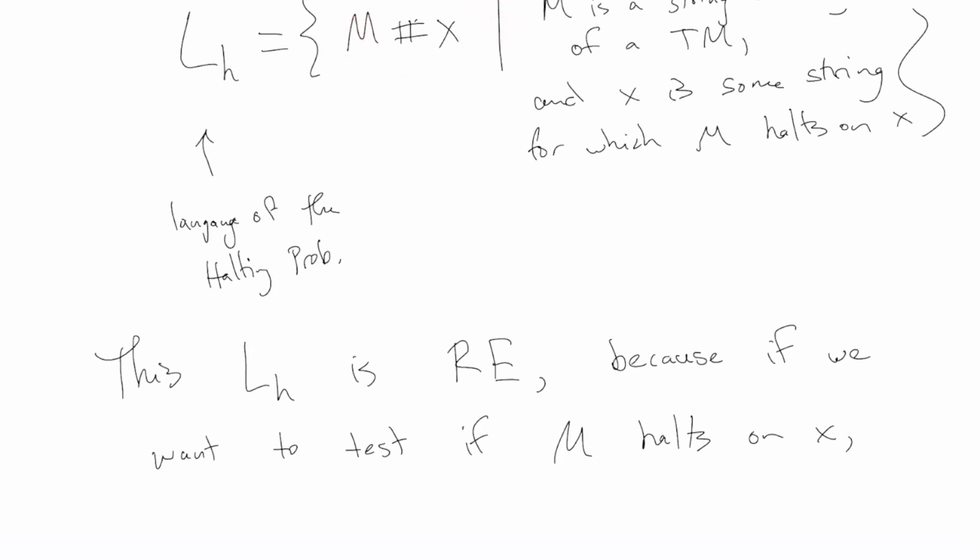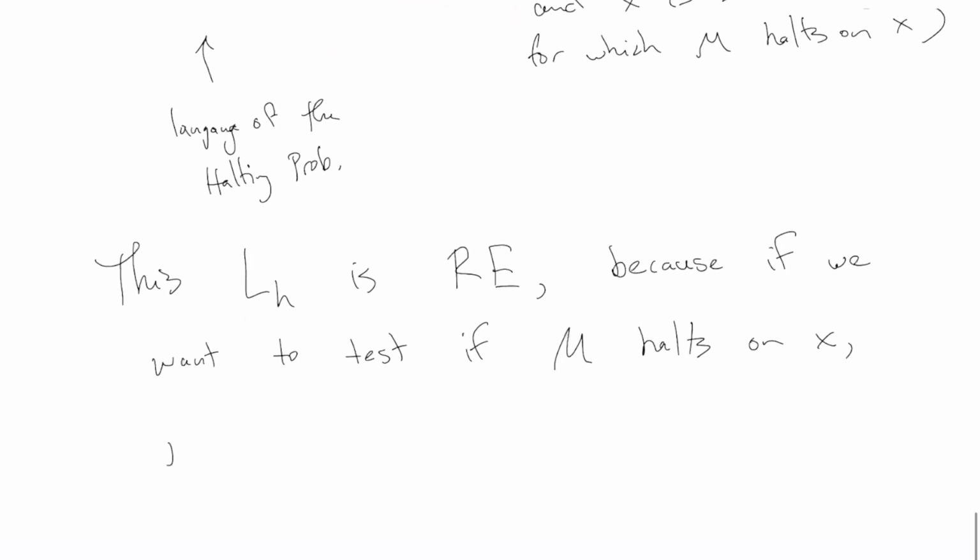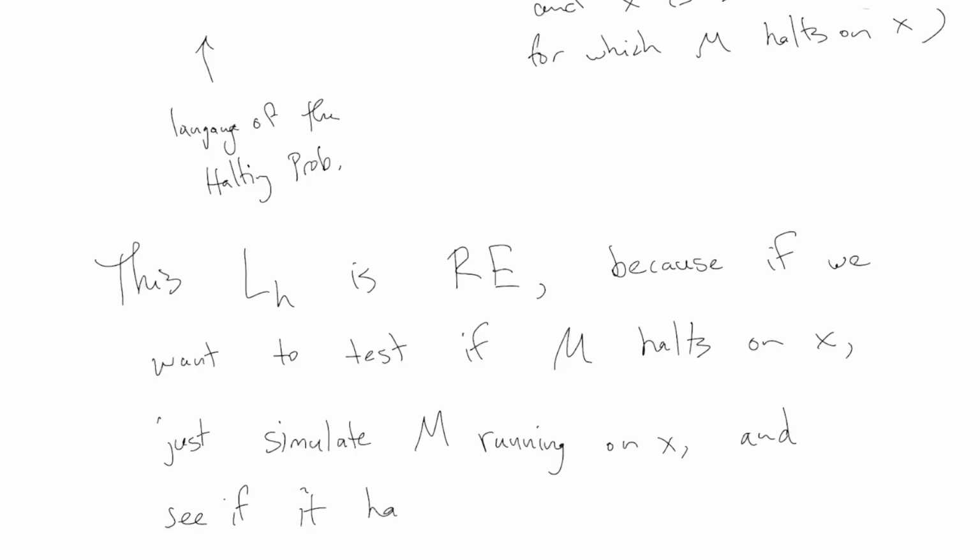If you want to test if M halts on X, you just simulate M running on X and see if it halts or not. All right? So it is possible to make this calculation using a Turing machine.